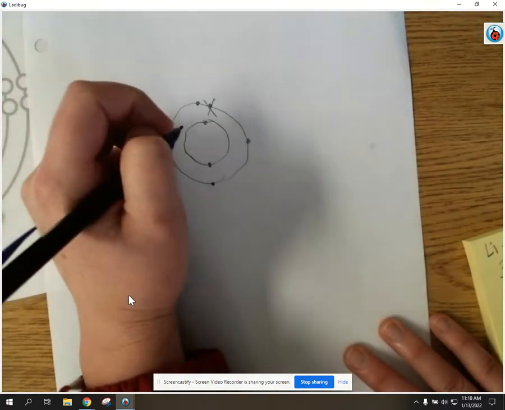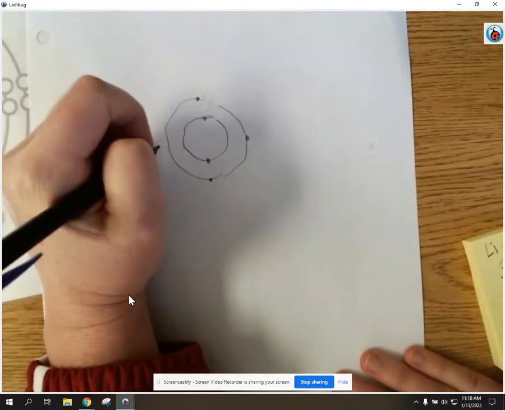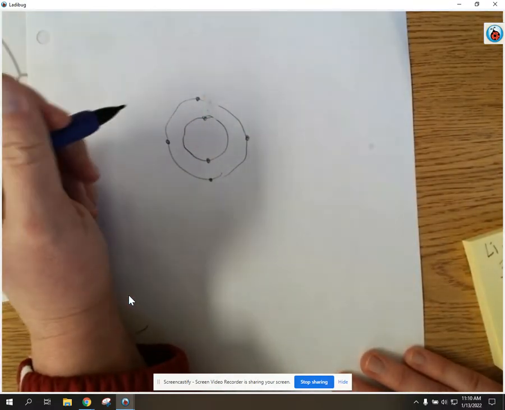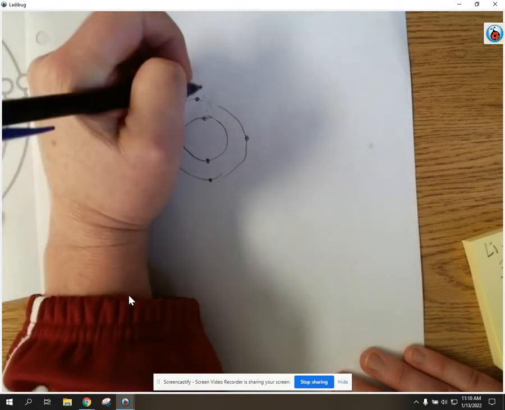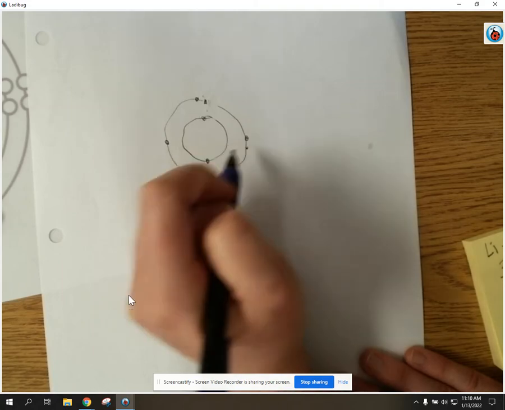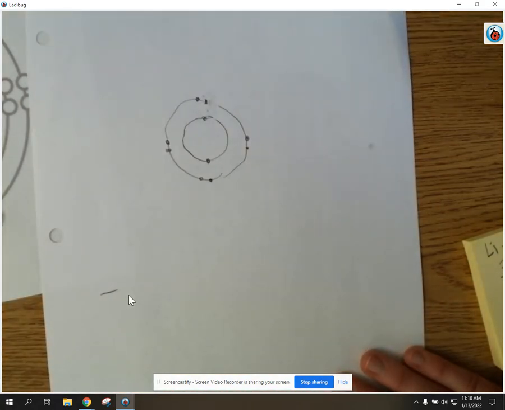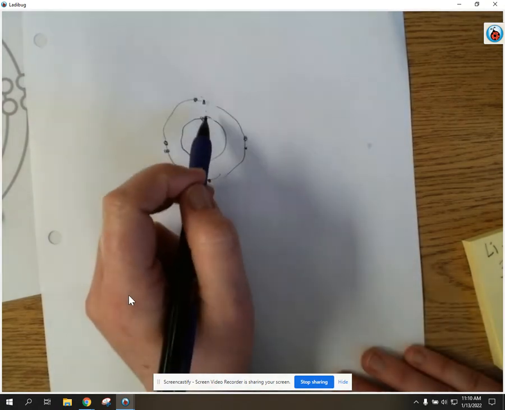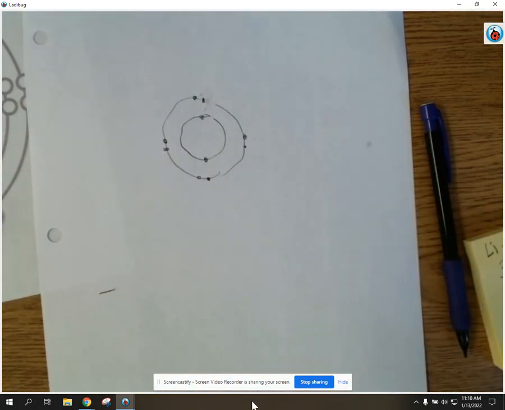Then you would add 1 here, so that would be an atom with 6 electrons, and then you would go back around 7, 8, 9, 10 for an atom that had a total of 10 electrons, 2 in its first level and 8 in its second level. Hope that helps.